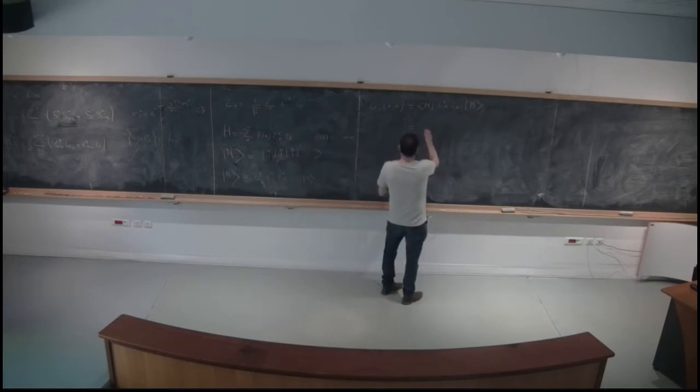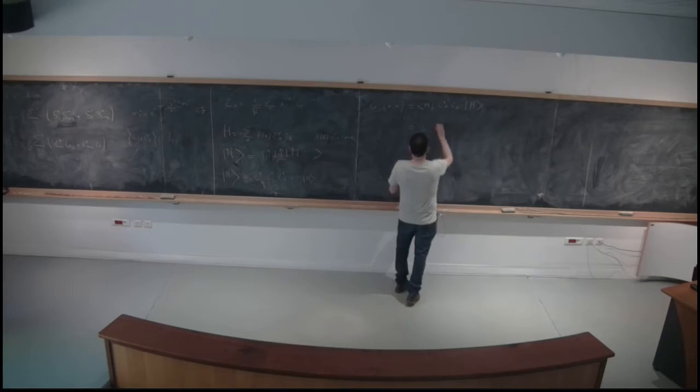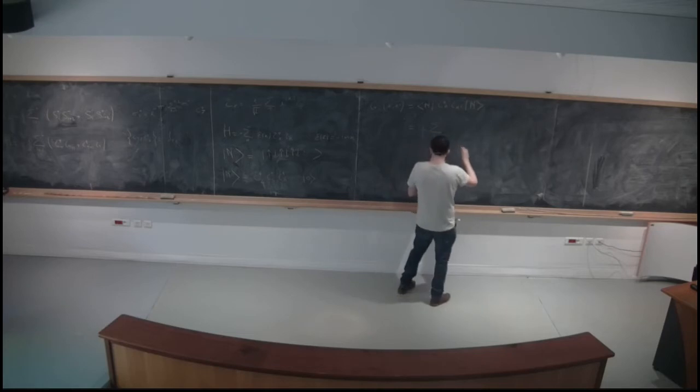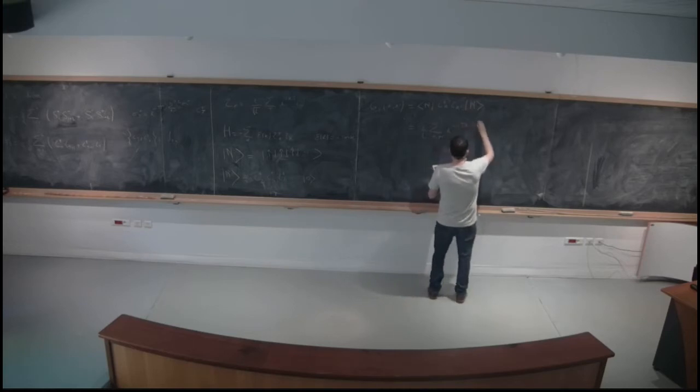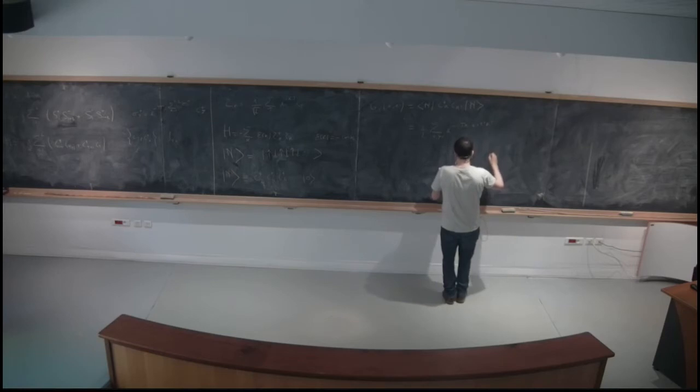You substitute here, and you get this object: the sum over j, j prime of e to the minus i j k plus i j prime k prime.